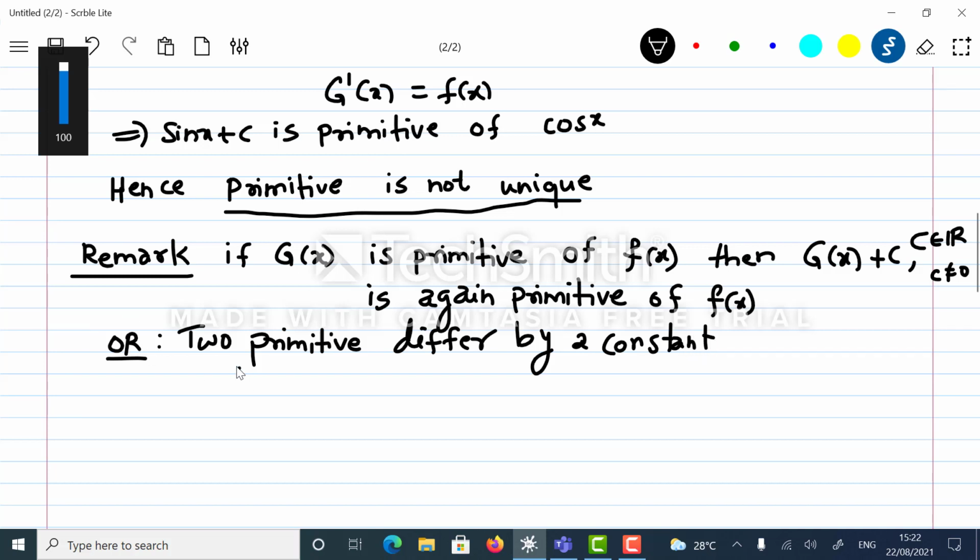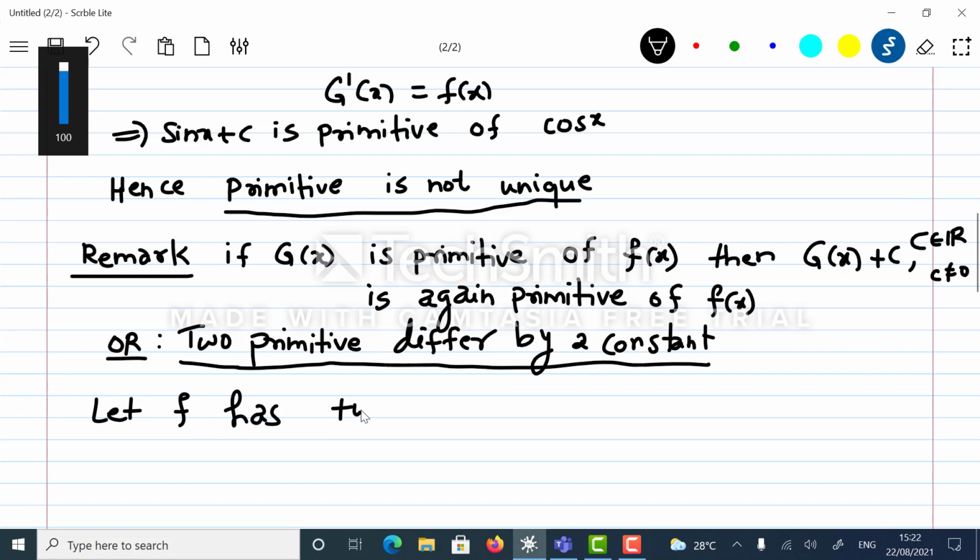One can easily prove this statement because it's not difficult. Suppose f has two primitives, say g1 and g2. These are the two primitives of f.